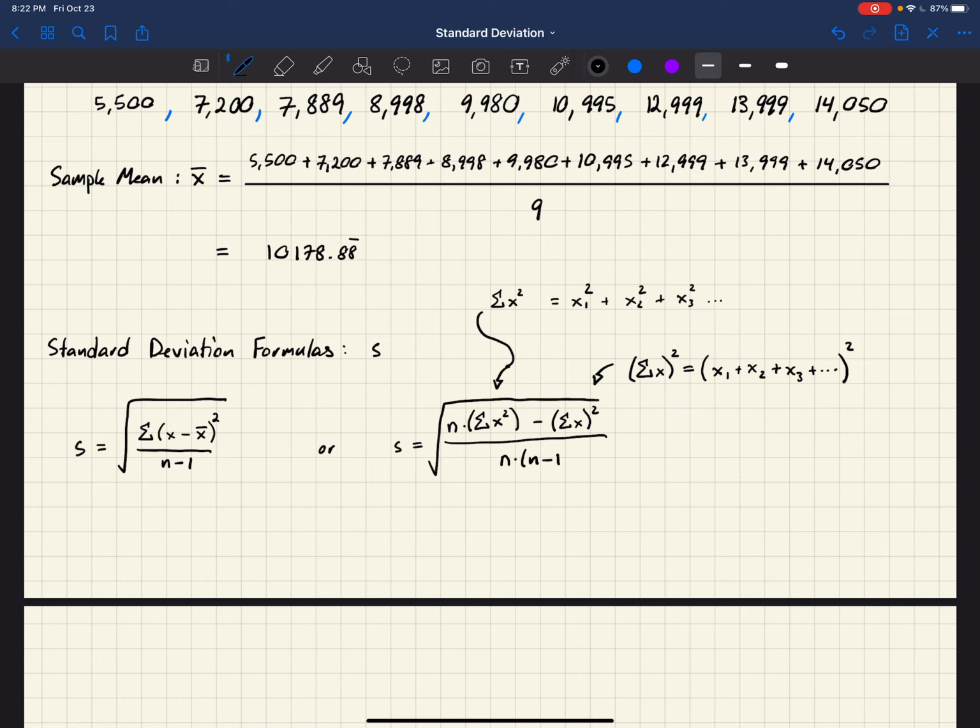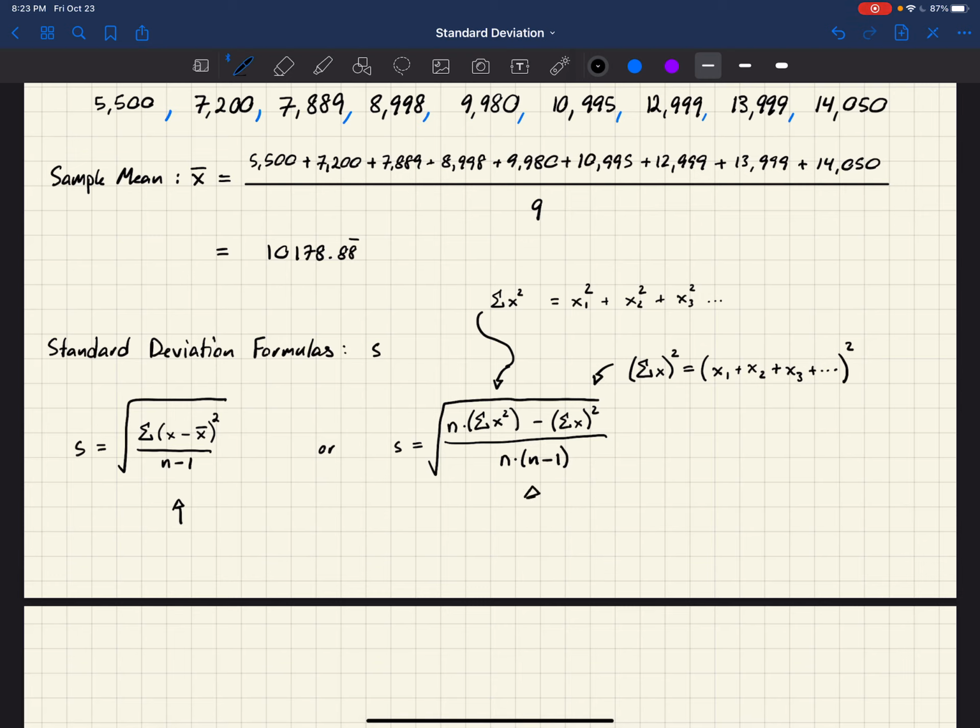So these are the two common standard deviation formulas you may see. Now, which one you choose to use mainly depends on how you go about computing the standard deviation. So if you have a calculator that can easily handle large amounts of typing, there's not a small typing limit for the number of things you can input to the calculator before you press enter, then personally I prefer that formula just because that's what I'm most used to.